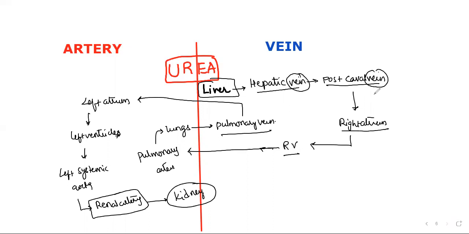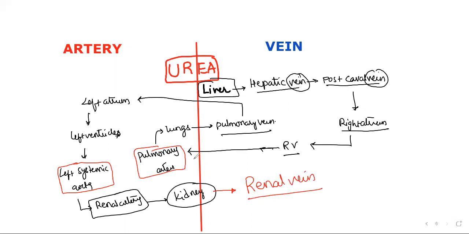Hepatic vein, postcaval vein. Then after accepting this one, accepting this artery, accepting pulmonary artery, and here left systemic artery, that we can say here, renal artery. Okay, now after giving urea to the kidney, what about renal vein? It has more urea or less urea?